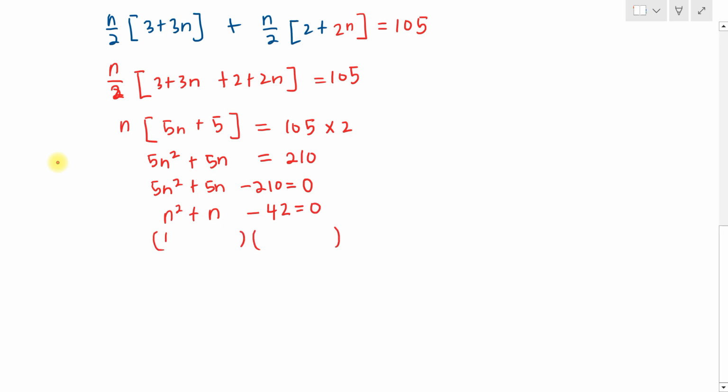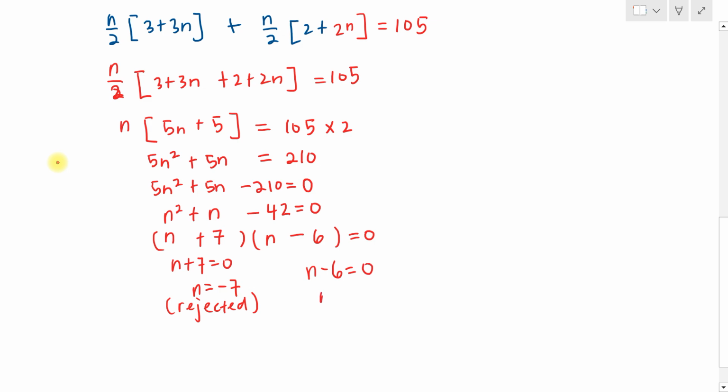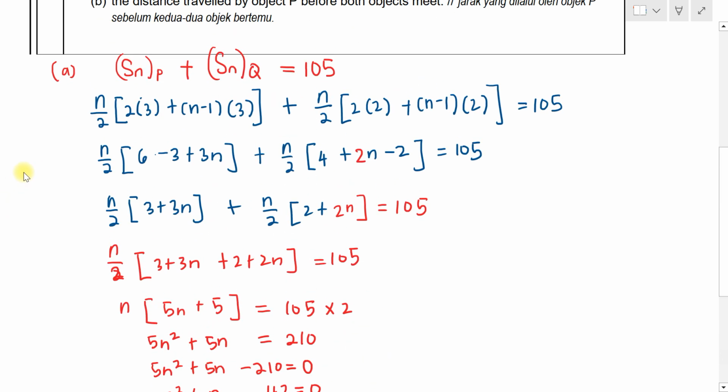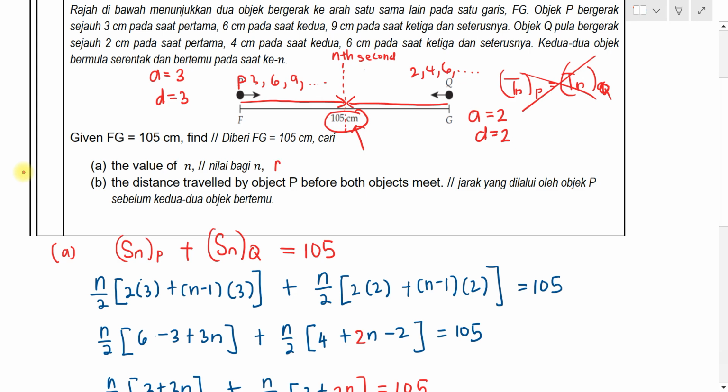So 42 means 6 and 7. Positive 7 and minus 6 equals 0. So n plus 7 equals 0, so n equals negative 7 is rejected because n cannot be negative. n minus 6 equals 0, so n equals 6. This is your only answer. So the value of n equals 6.